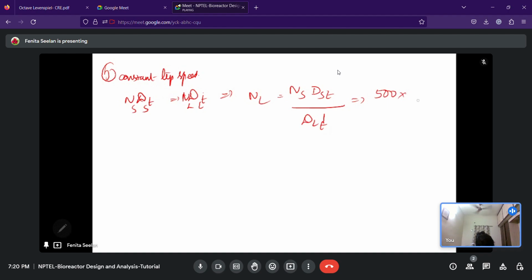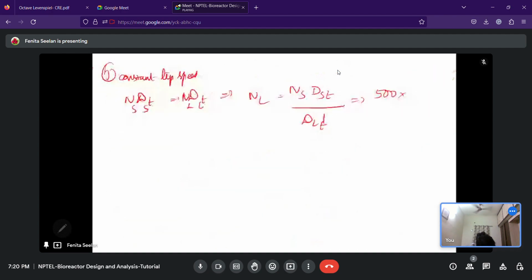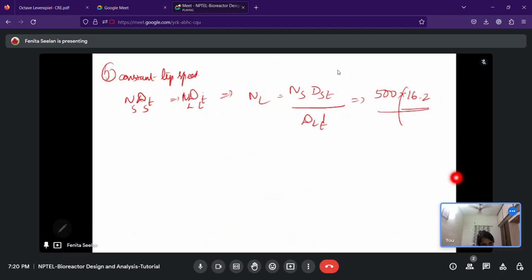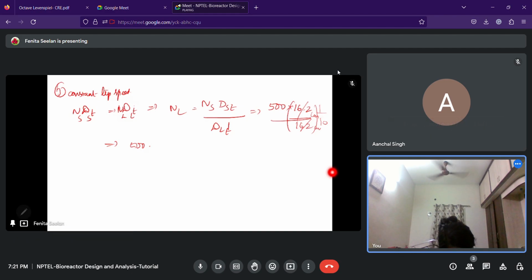Tank diameter of the small scale is 16.2 and the large is 162, right? 16.2 divided by 162 is 1 by 10. So the answer would be 500 into 1 by 10, which is 50 rpm. So based on your constant tip speed, the agitation will be 50 rpm.